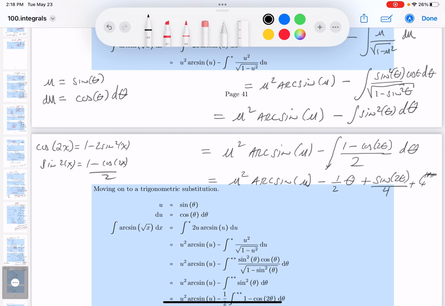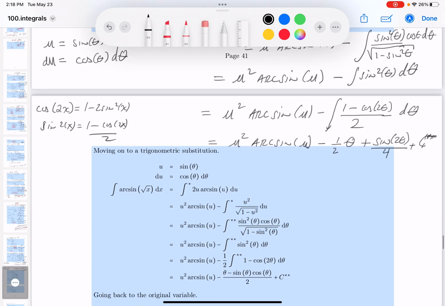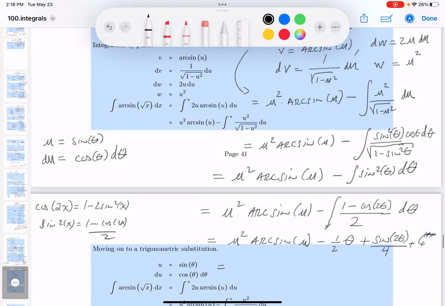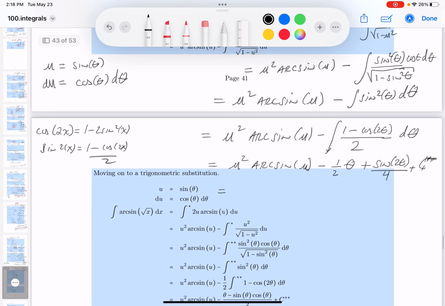There's 2 things I have to get rid of, the theta, and I got to get rid of that u now. And let's keep moving. I wonder what u is. Oh, root of x. That's pretty easy. It's going to be x arcsine root x minus 1/2. What was theta?